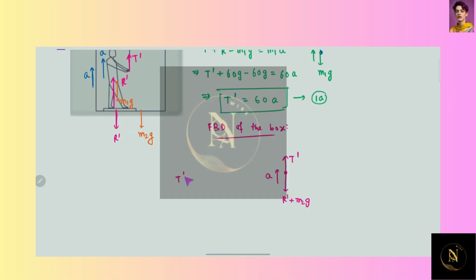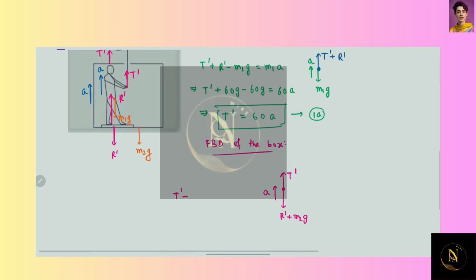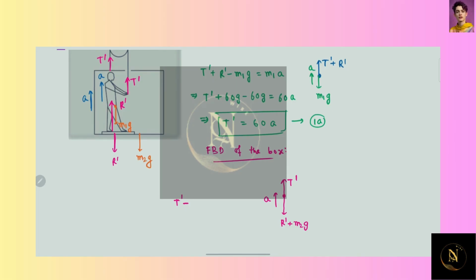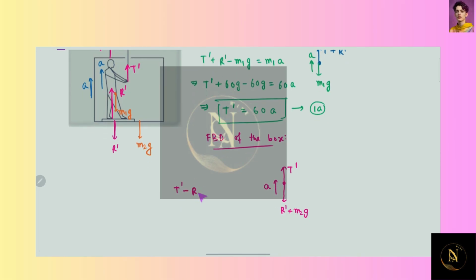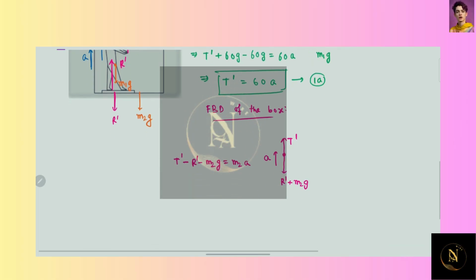Now, as we know, R prime is 60g, and m2 is 30, so T prime minus 60g minus 30g is equal to 30 times a. So from here I get T prime equals 30a plus 90g.